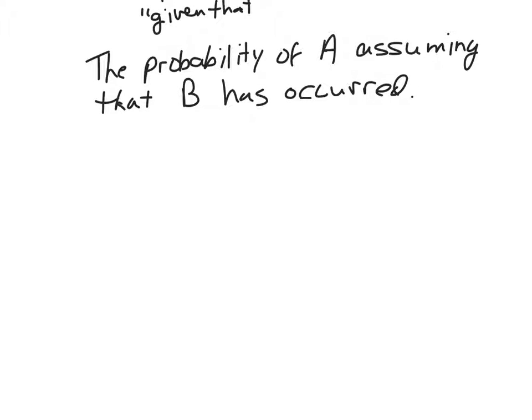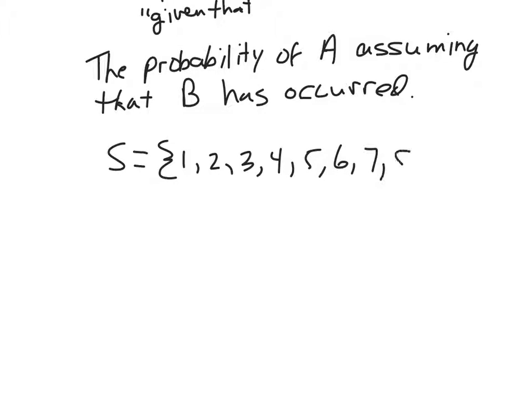Take a look at example 1 on page 596. It gives us a sample space of the following, the numbers 1 through 10. So I don't know, maybe we're picking a number from 1 to 10.